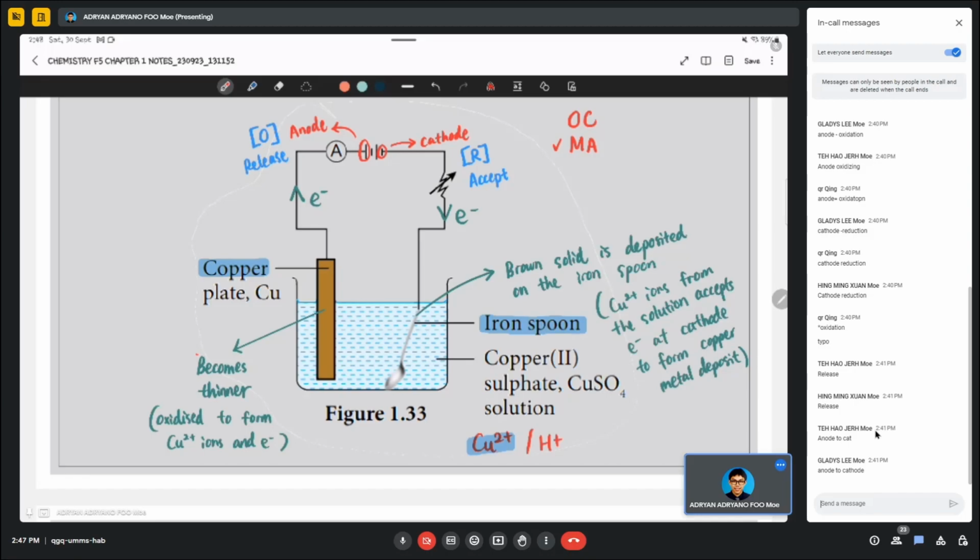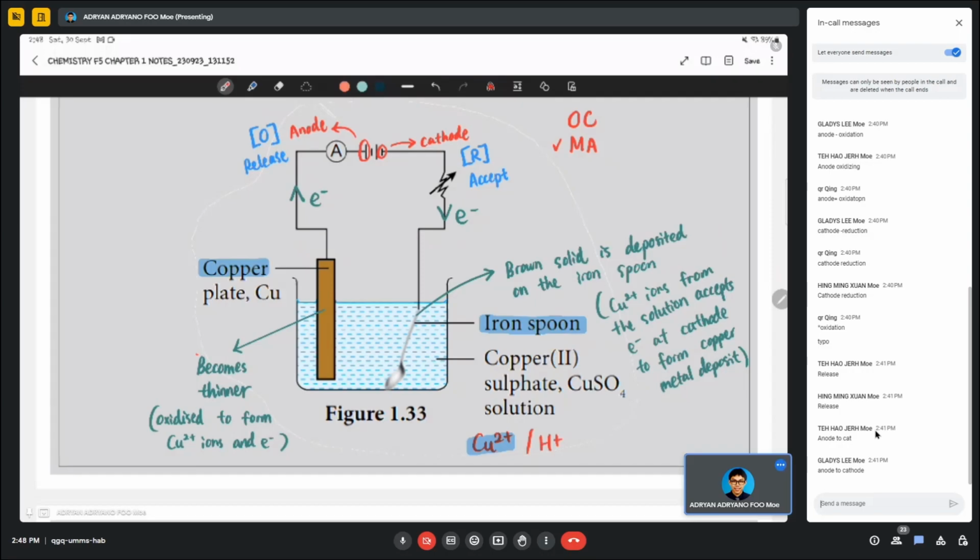Yes, as long as it contains copper, because the concept applies: there must be copper 2 ions in the solution. The copper plate becomes Cu2+ and electrons, and the Cu2+ goes into the solution, replacing the Cu2+ that plates onto the iron spoon, so it keeps replenishing. So electrolysis can occur continuously until the battery dies.